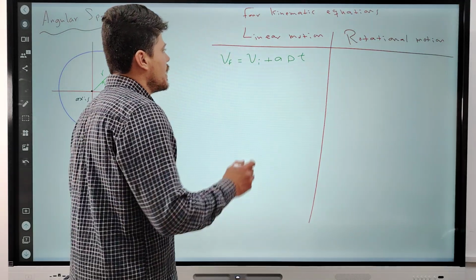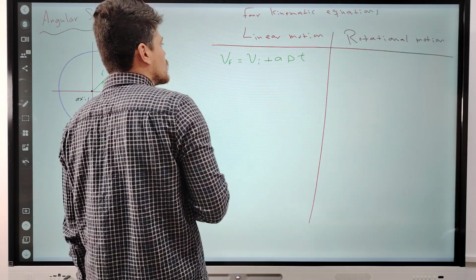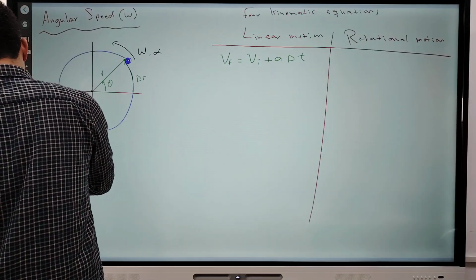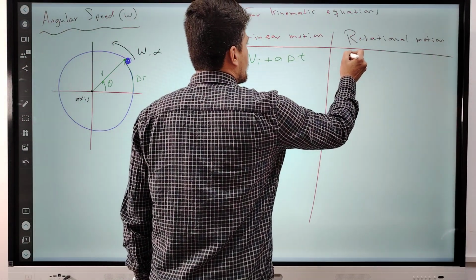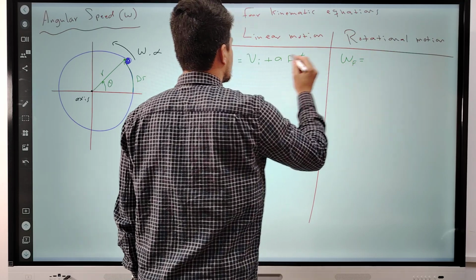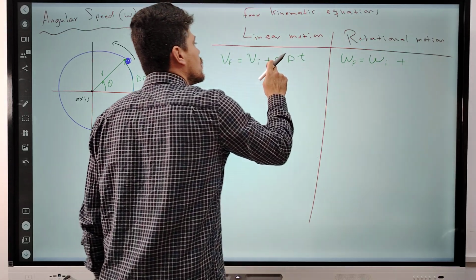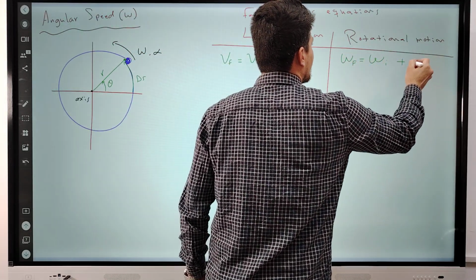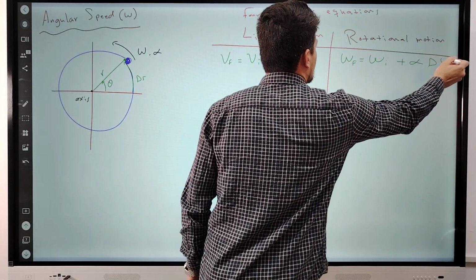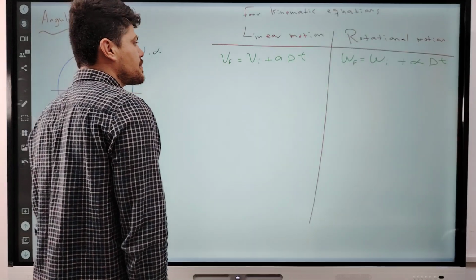Be careful, okay? For rotational motion, instead of V final, we have omega final is equal to omega initial plus, instead of acceleration, you have to write down the angular acceleration times t.